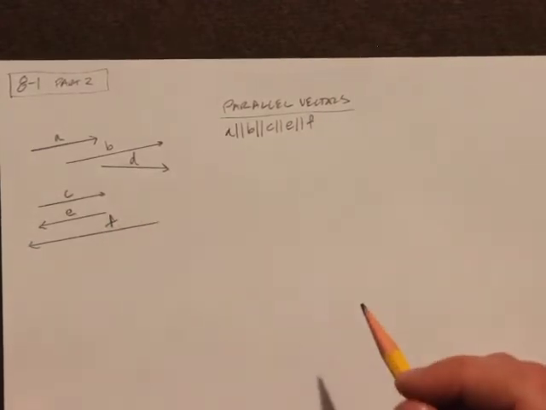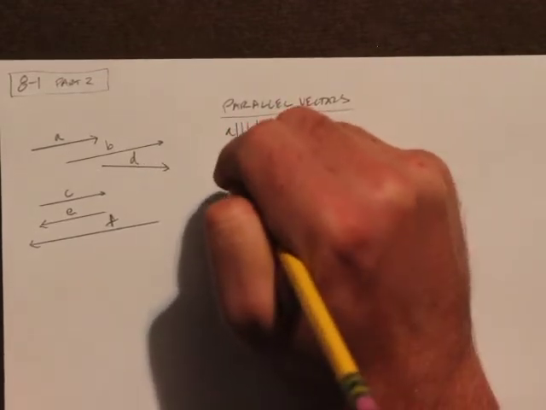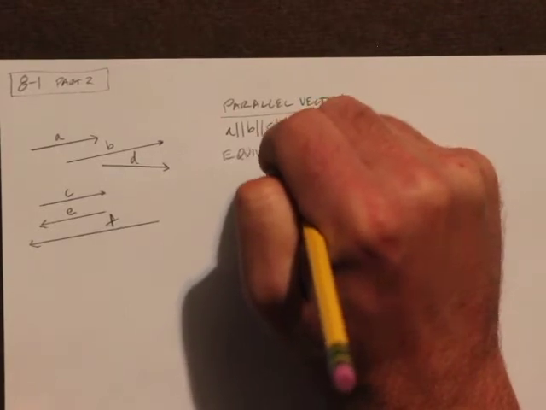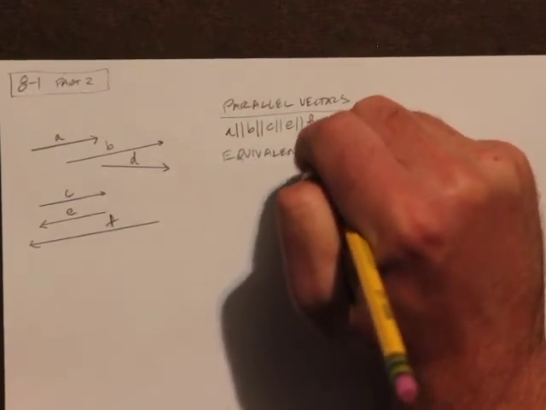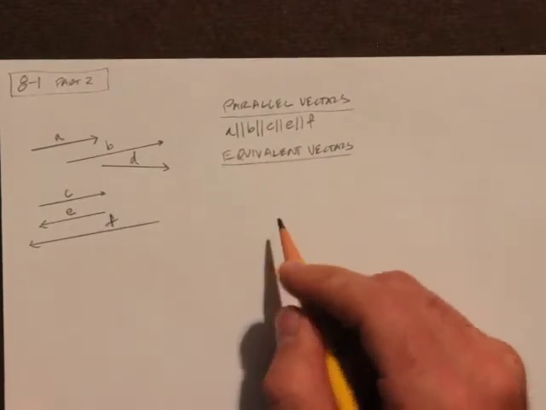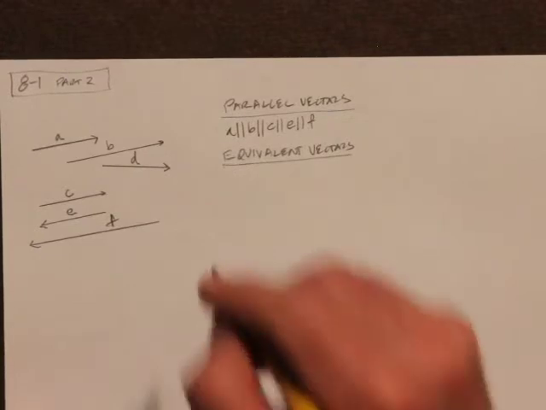Poor sad D. Now, we're going to talk about equivalent vectors. Equivalent vectors have the same magnitude and direction.